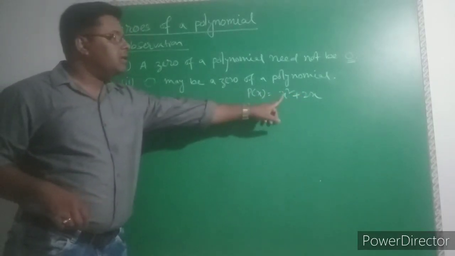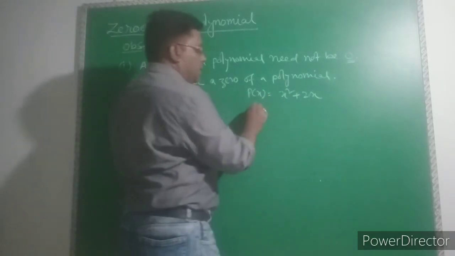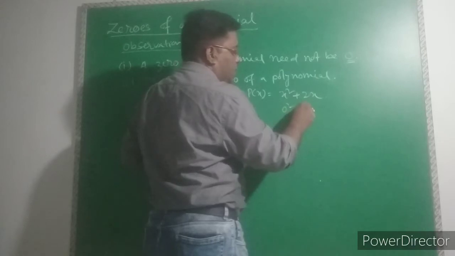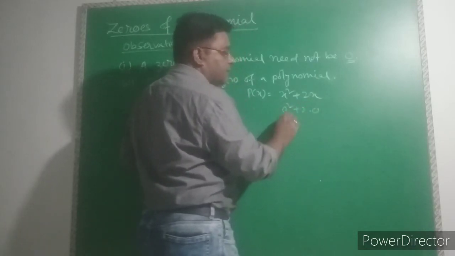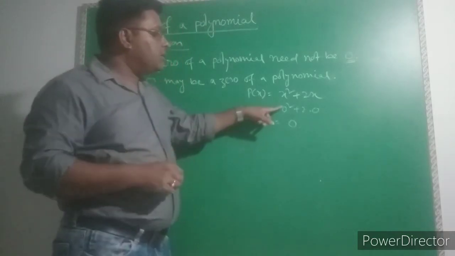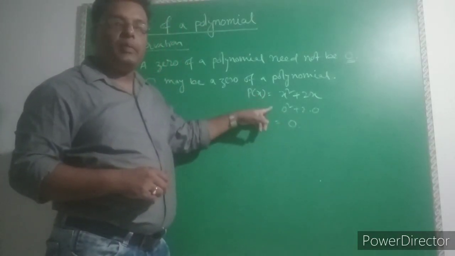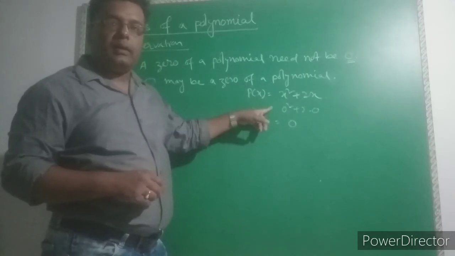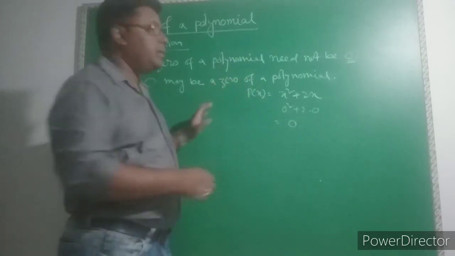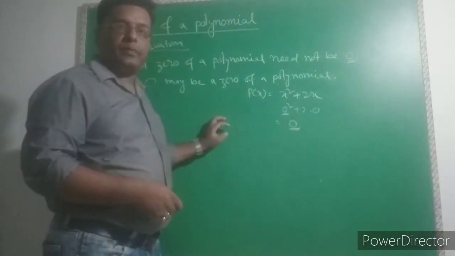If we put x equal to 0 here, 0 square plus 2 into 0, that is 0 plus 0, becomes 0. That is, for x equal to 0, p(x) becomes 0. So for this type of polynomial, the zero may be 0.